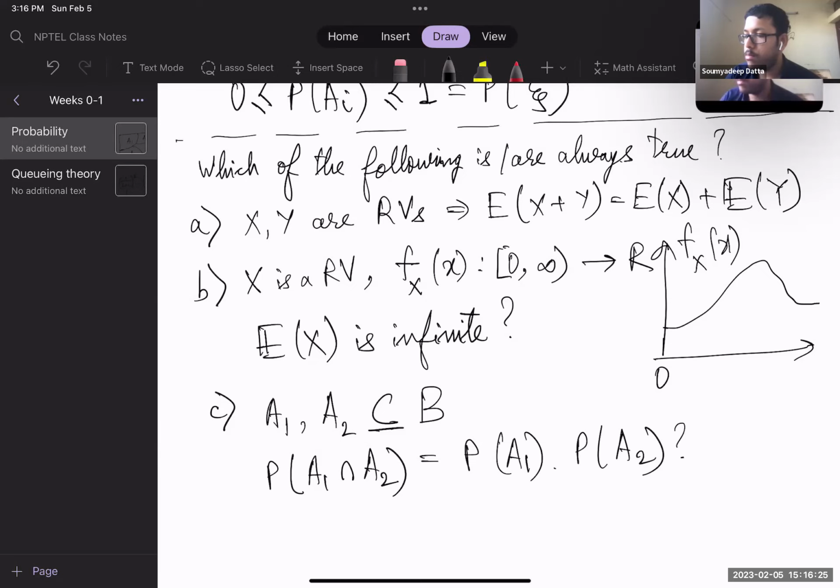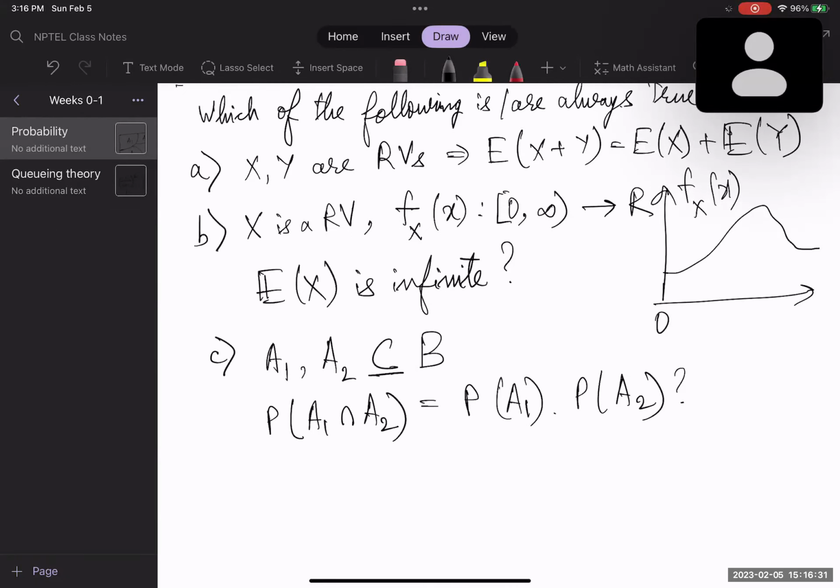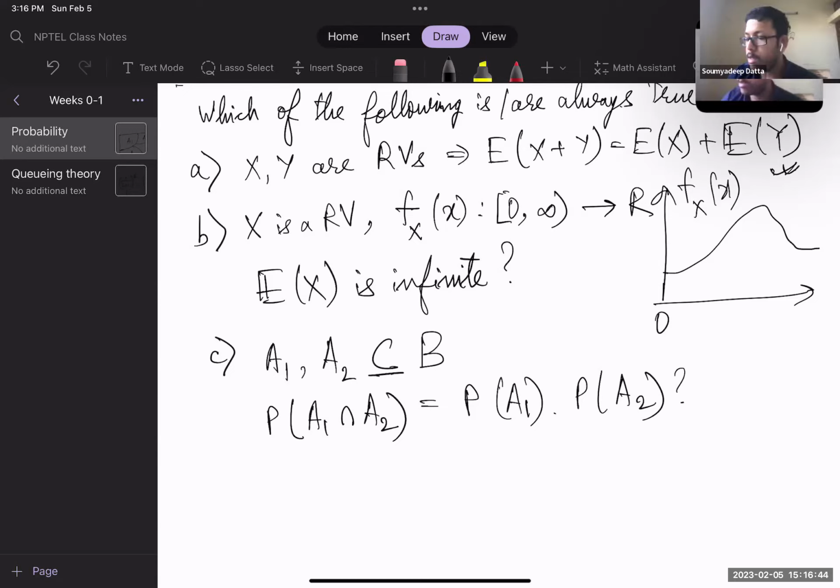Can somebody answer? I can discuss. Yeah, A is correct. For me, I think A is correct. And then for C, if A1 and A2 are independent, I think C is also correct. Yes, you are right. A1 and A2 have to be independent, but that might not always be the case.